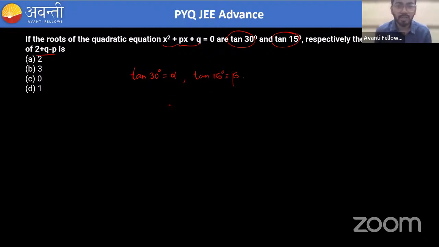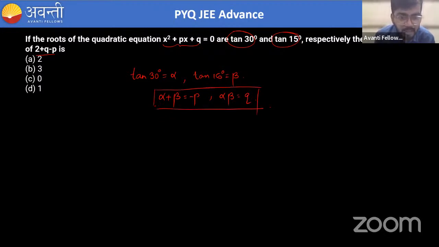So here you can see that alpha plus beta is equal to minus p and alpha beta is equal to q. We are getting this result from the quadratic equation.